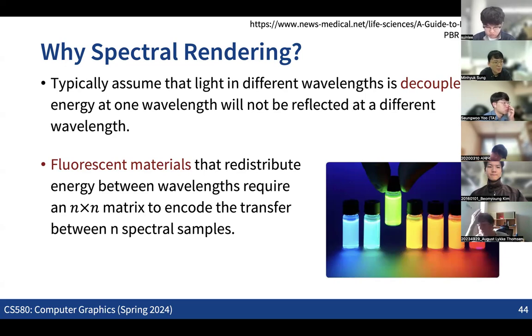This is a complicated case, where we need to consider how much light energy is transferred from one wavelength sample to another. But except for those cases, we are going to assume that all radiometric quantities are calculated for each wavelength sample. So that's the basic idea.